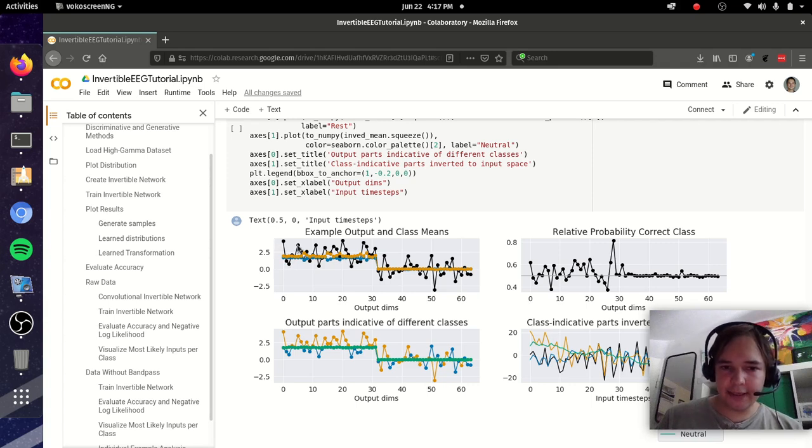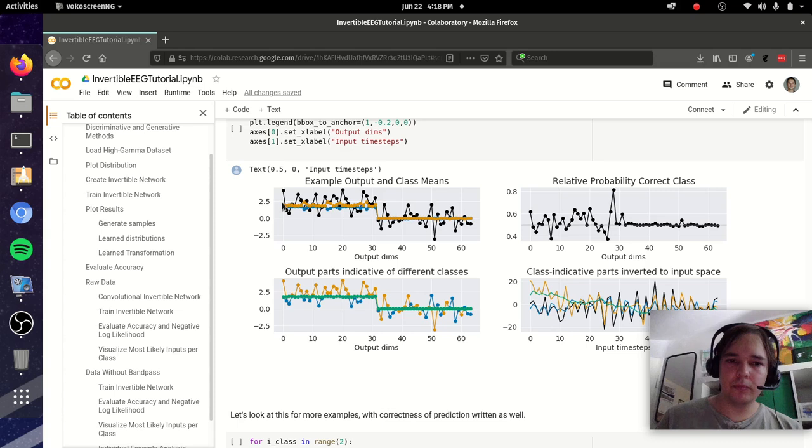So we'll have this black output example here, and now we plot alongside also the two means of the class distributions. The orange one is the mean of the class distribution for the resting state, and the blue one is the mean of the class distribution for the right-hand class. And what you can see here is that for some dimensions, remember all of these dimensions are now independent, so we have Gaussian distributions which are independent in each dimension as our prior.